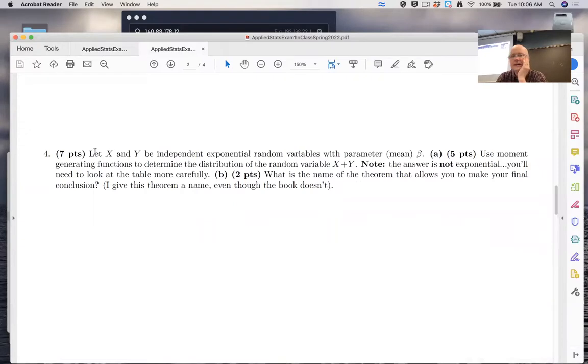So here we use the MGF technique. Let X and Y be independent exponential random variables with parameter beta, which is the mean. Use moment generating functions to determine the distribution of the random variable X plus Y. So you multiply the moment generating function of an exponential by itself, effectively, is what you do.